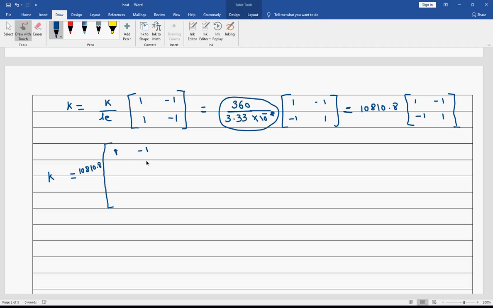So this will be 1 minus 1, then 2 minus 1 in the next rows, and the last comes 1. The rest of the entries I'll put as 0, with rows and columns 1, 2, 3, 4. So this is my global stiffness matrix. Just let me know whether you understood this global stiffness matrix.